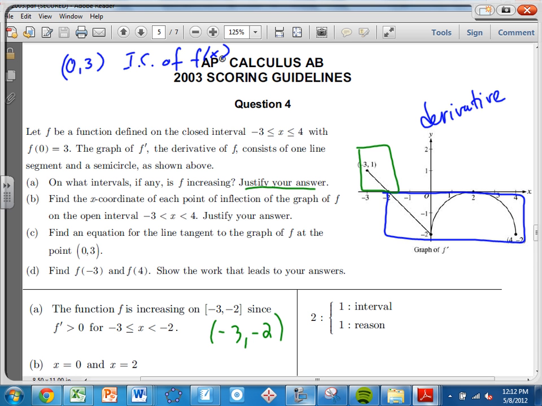What is your justification, Kenny, in your own words? All values of f prime of x that are greater than 0 are increasing. Good. So this function f is increasing since f prime of x is greater than 0.